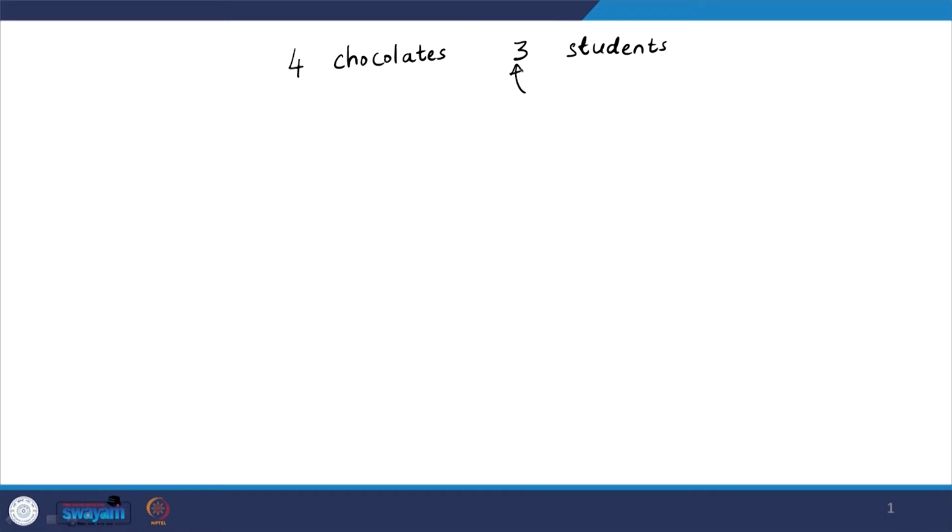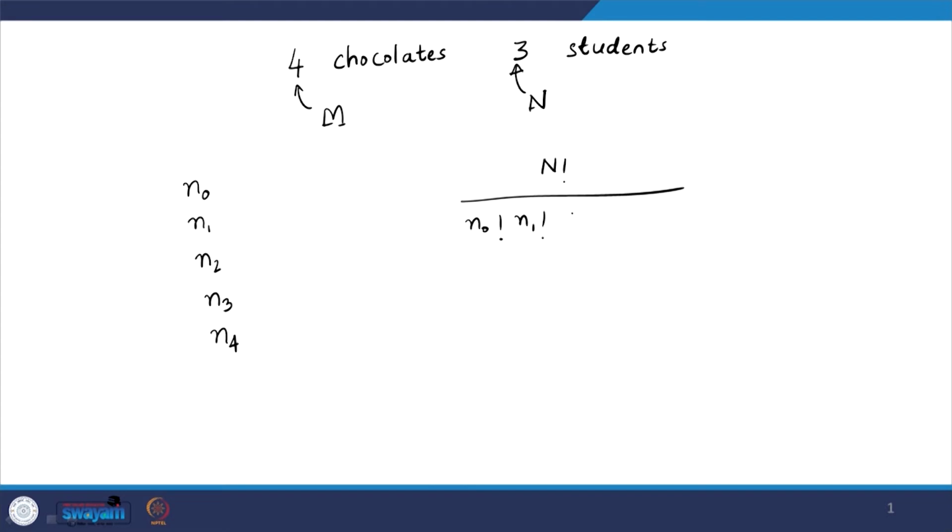So, n is this, that is the number of students, m is this, and the possibilities in here are either you can have 0 chocolates, or you can have 1, or you can have 2, or you can have 3, or you can have 4. And the number of ways to do that is given by n factorial by n naught factorial, n1 factorial, n2 factorial, n3 factorial, and n4 factorial.